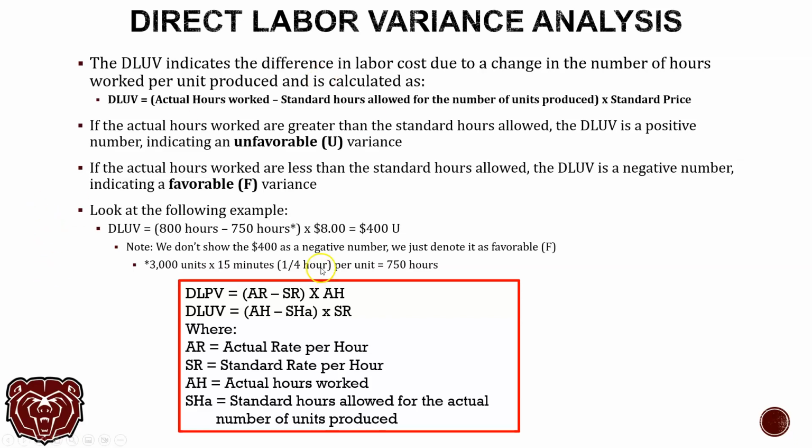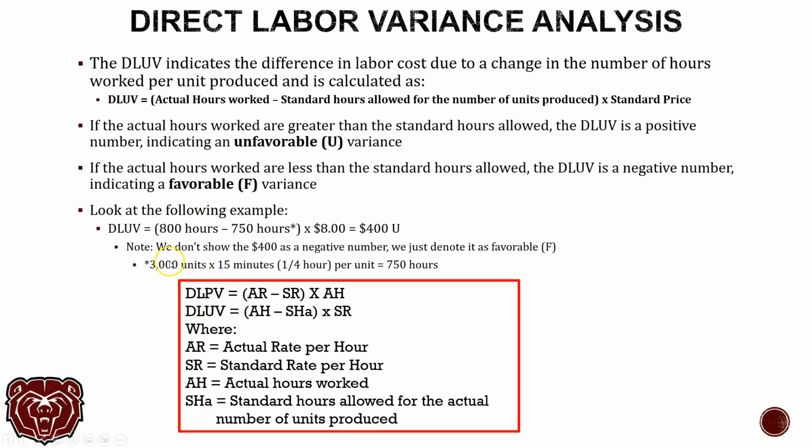So let's take a look at the following example. This follows the last variance, the DLPV that we talked about. It follows the same kind of concept. So if we have 800 hours, those are the actual hours that we worked. The standard hours allowed for producing 3,000 units would be 750 hours.